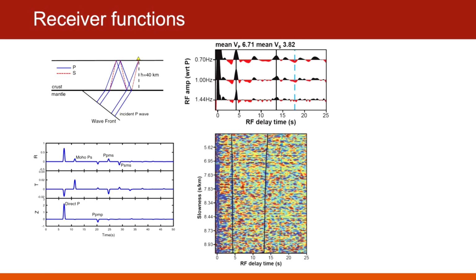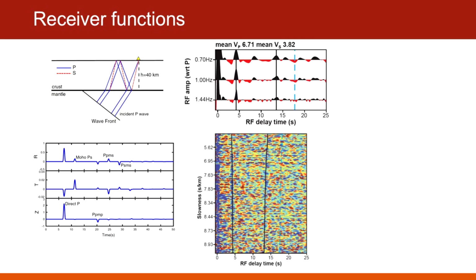And then some of the P wave energy will be converted to S wave. That will be the dashed red line here. Remember, the black line is P wave, the red dashed line is the S wave. And then this is the P-to-S Moho converted wave. So that's these signals.